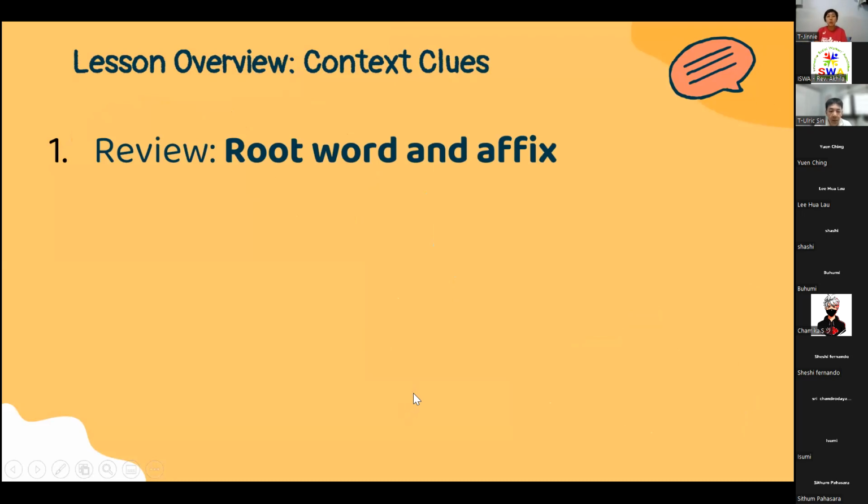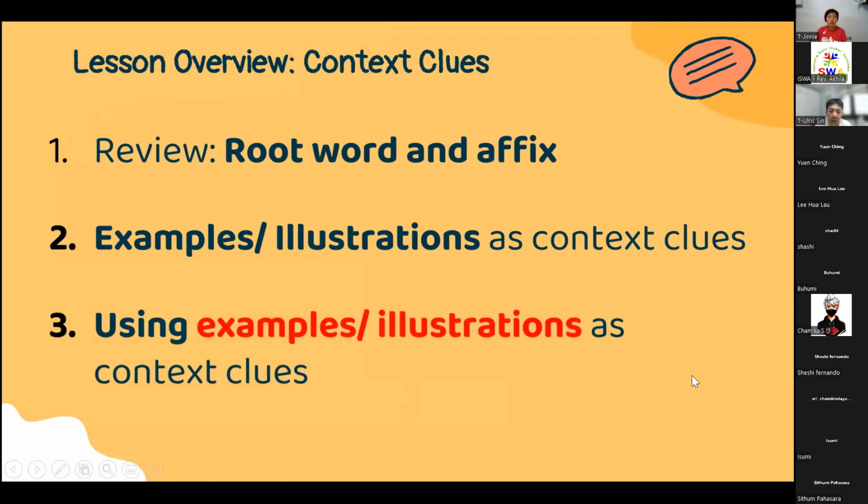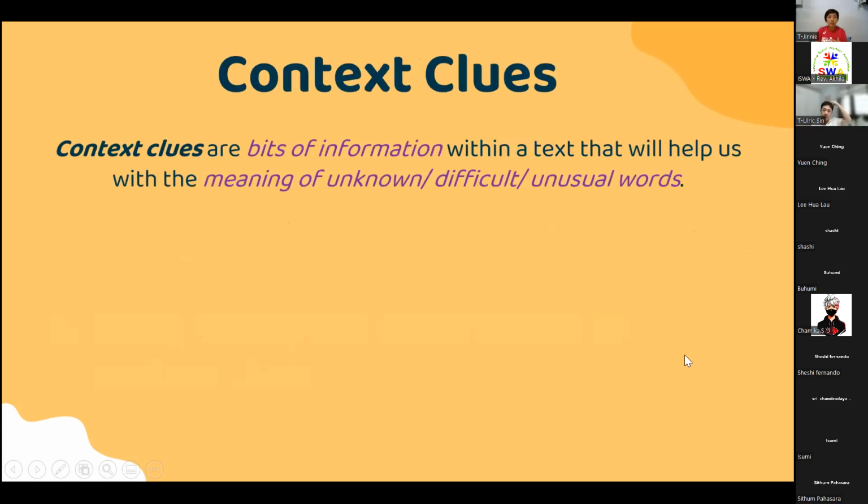We're going to review root word and affix, and then go into the third context clue, which is examples and illustrations. They may look a little similar to the meanings and definitions, and I'll explain more how they are different. Of course, we're going to try to use the examples and illustrations as context clues so that you'll be able to understand better.